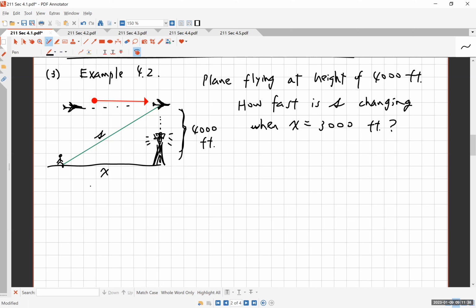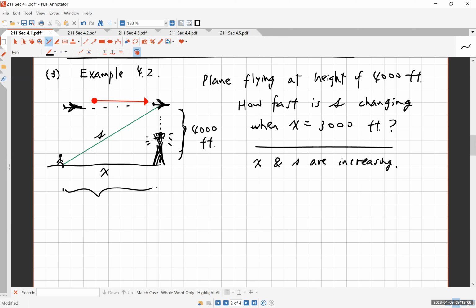Because x is the ground distance from where you're standing to where the plane is. And s is also increasing, right? So this is the question. And then here are some observations. x and s are both increasing with respect to time. And they're increasing at a different rate, right? And the question is, how fast is s increasing?